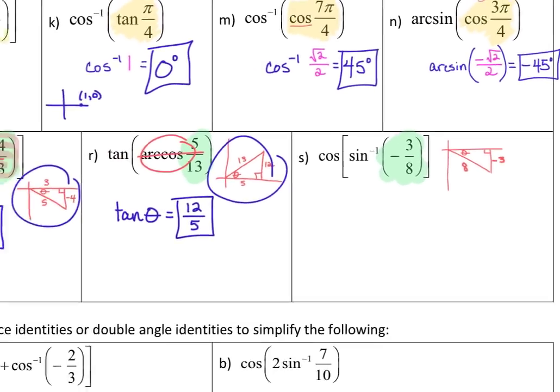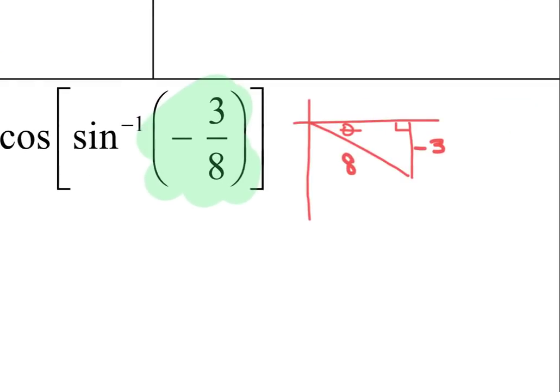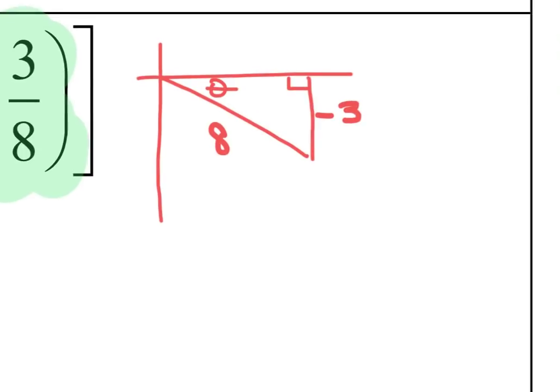And just to step back a second, in letter P, you had a triangle that was a 3, 4, 5 right triangle. In letter R, you had a triangle that was a 5, 12, 13 triangle. Those are both Pythagorean triples with all whole numbers. But in letter S here, there's no Pythagorean triple with whole numbers that will give you 3 and 8, and so you're going to need to do the Pythagorean theorem.